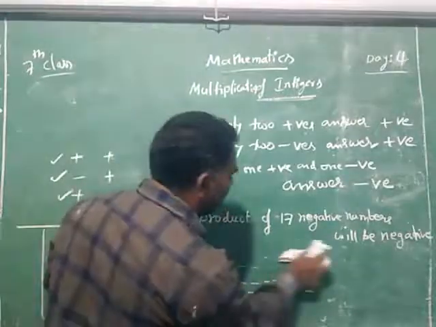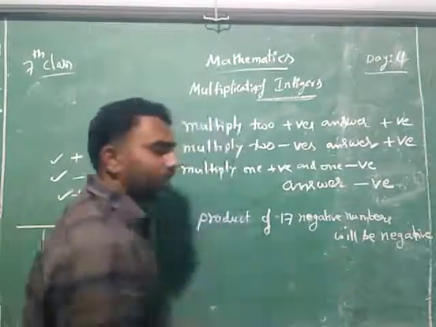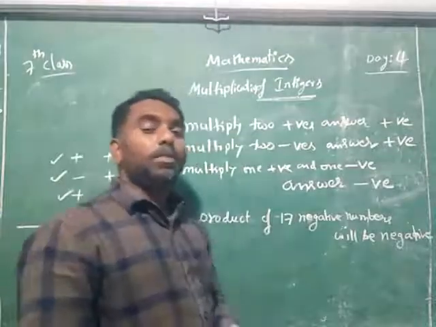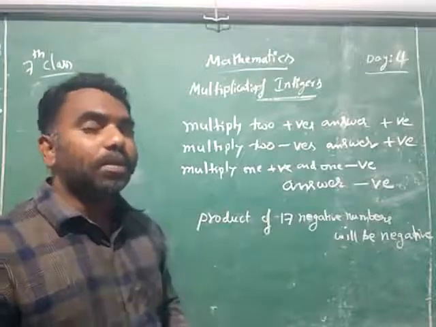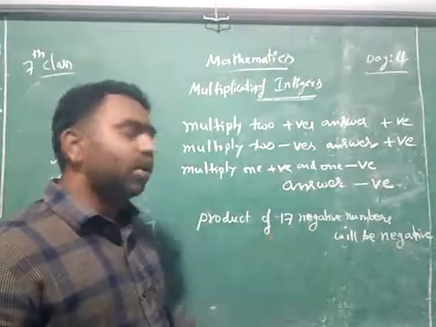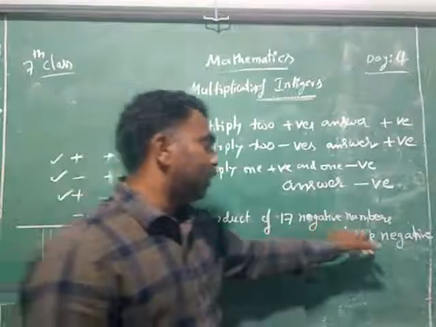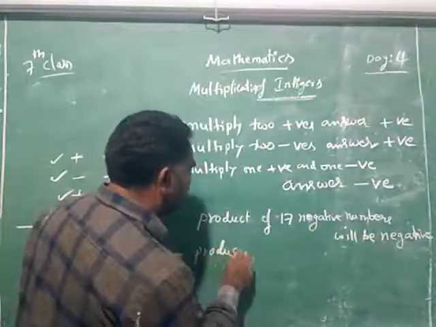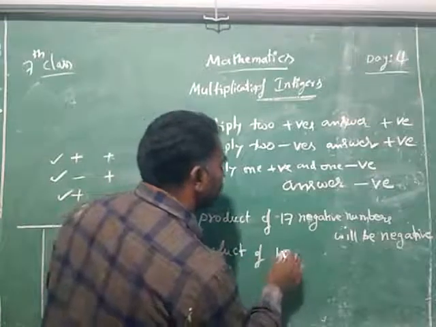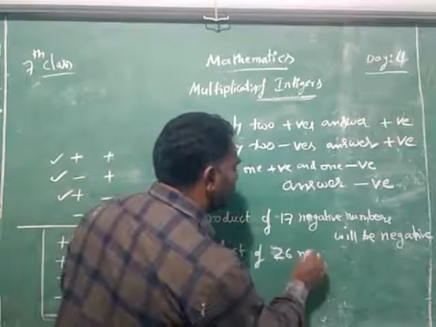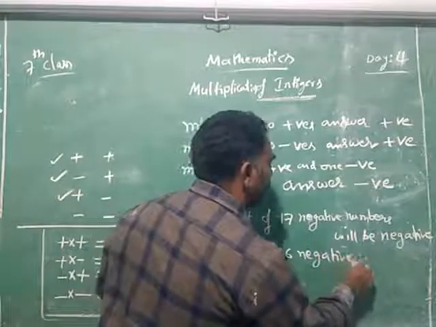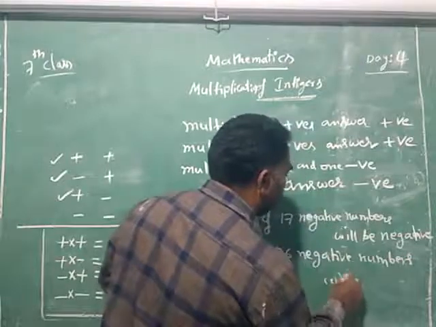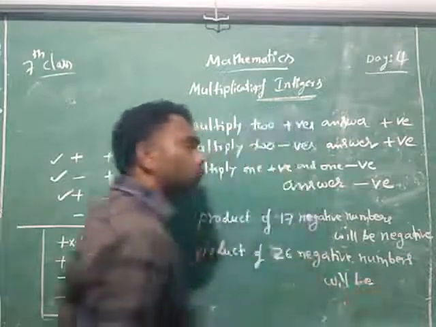If you multiply the minus, how many times? Odd number of times. 17 is an odd number. Odd number of times if you multiply, you will get negative. Suppose you multiply 26 negative numbers, what do you get, positive or negative?